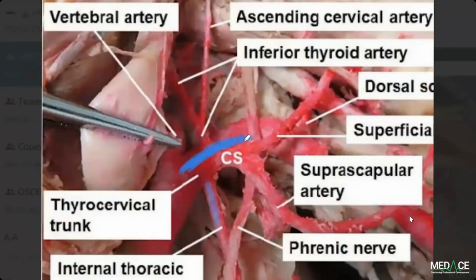This is subclavian again, and the first branch is vertebral. So please keep these branches we covered before. This picture only was new. The pictures are close to it, but this is not the real picture of the exam. This is all the updates in this station.